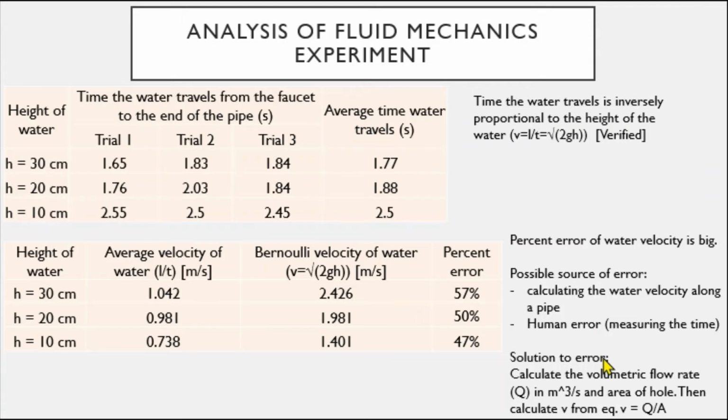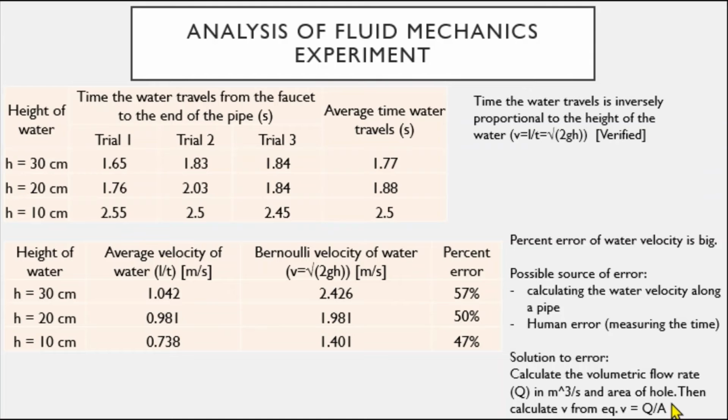So the method that I suggest for calculating the velocity of the water that is way more accurate than the method in this experiment is by calculating the volumetric flow rate of the water, or Q, in meter cube per second, and the area of the hole.